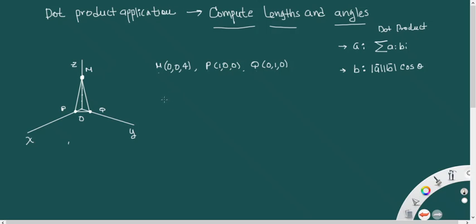Okay, let's say that someone is asking us to calculate the angle theta between these two lines over here. So this will be our angle theta, and we want to know what this angle is between vector PM and vector PQ.